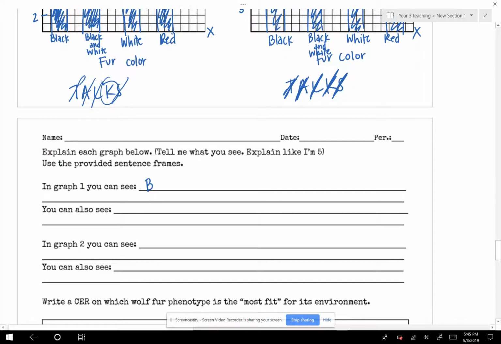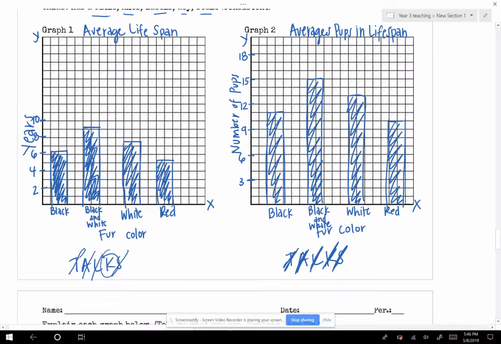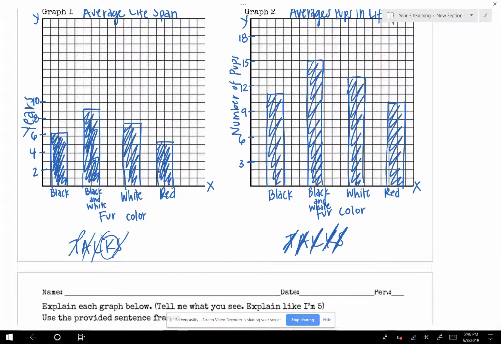You can see that the black and white fur wolf lives the longest, right? You can also list off a bunch of things. You can say that most wolves live more than 5 years.